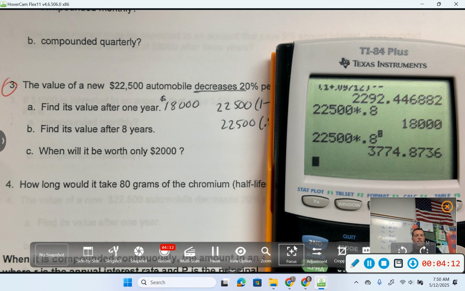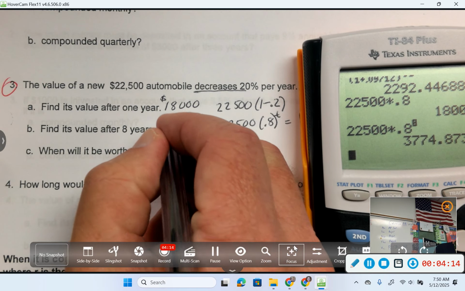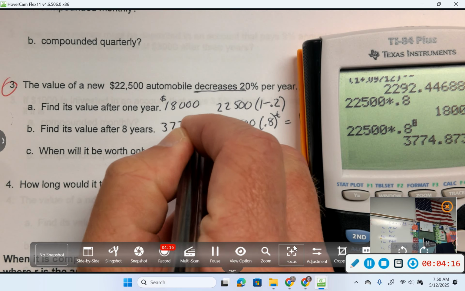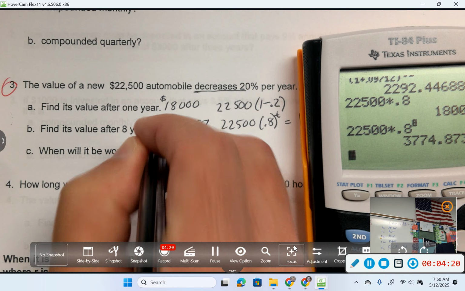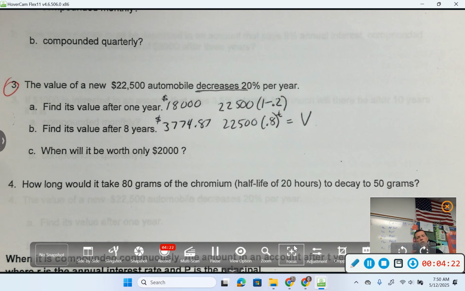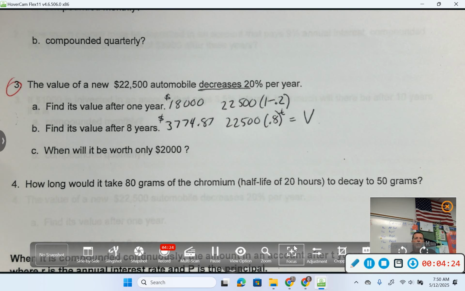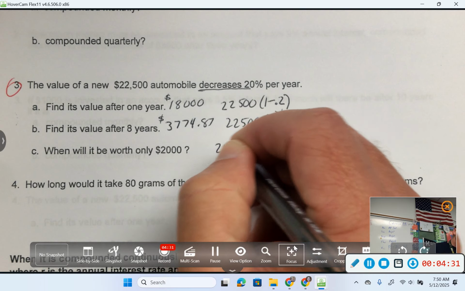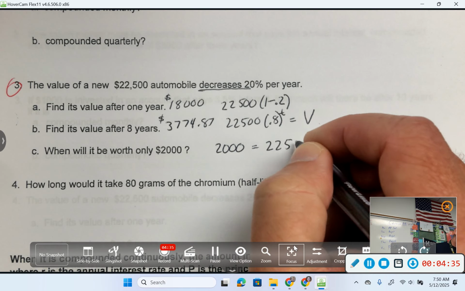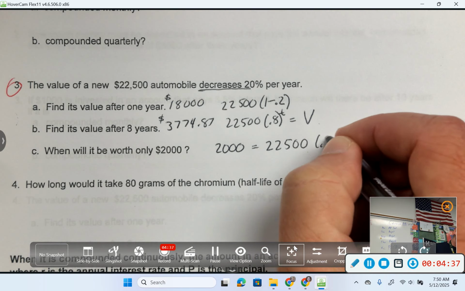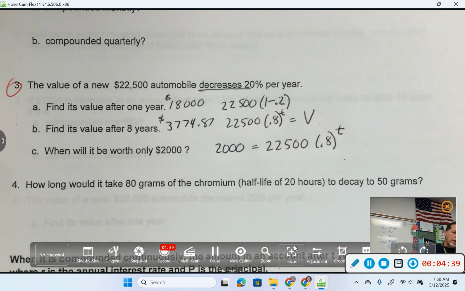Oh, we're down to $3,700, our nice new car. When will it be worth only $2,000? So 2,000 equals 22.5 times 0.8 to the t.